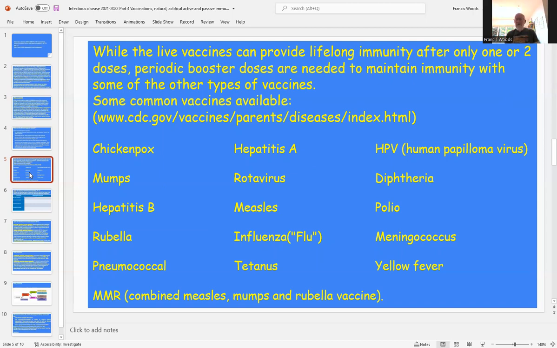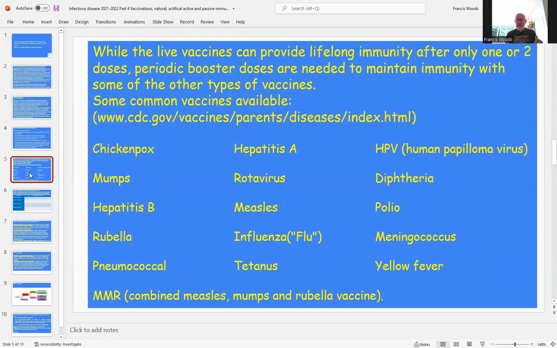We've had all of these mutations over 2 years of the COVID virus, and we have to keep adapting the vaccines. Luckily enough, the mRNA ones are very easy to adapt compared to the old style production of vaccinations.